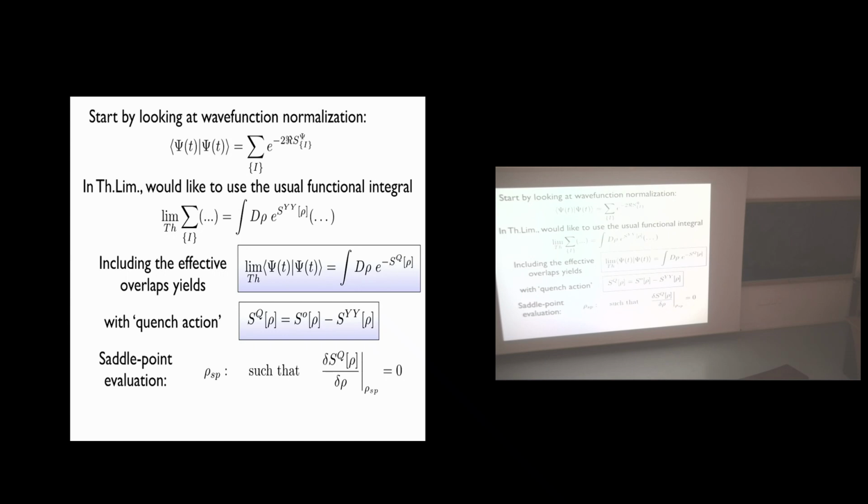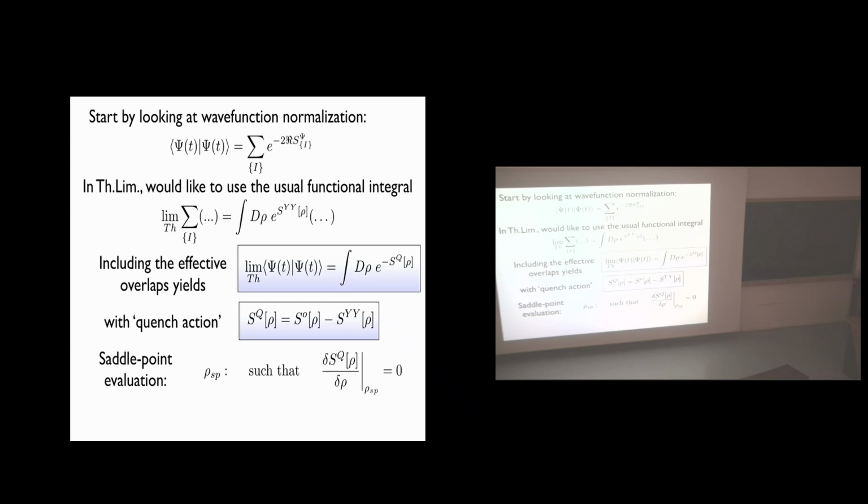I invoke saddle point. The reason why I can invoke saddle point is because there's a prefactor in front of this, which is system size. So the parameter that guarantees the exactness of the saddle point evaluation is system size. So it's dramatically accurate. All corrections to this vanish exponentially in system size, as compared to the other stuff.